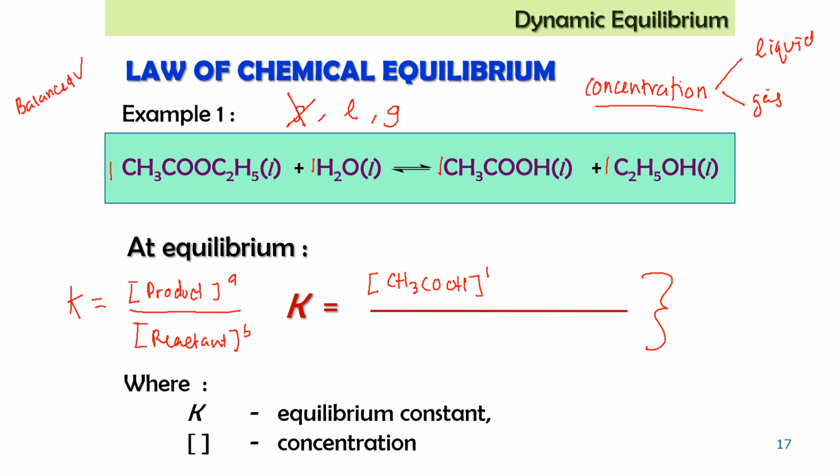And then check its stoichiometry. Okay. And then look at its state of matter. So look at whether it is solid, liquid or gas. Okay. So if you have two products here and these two are reactants.